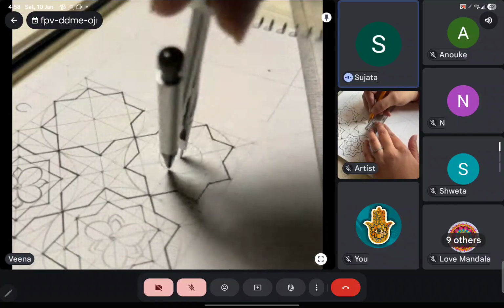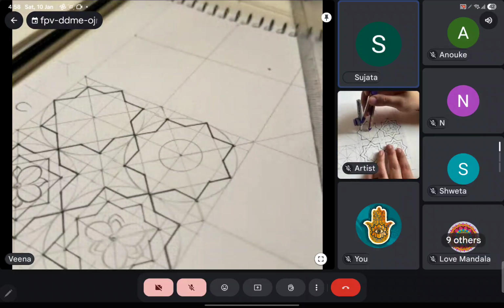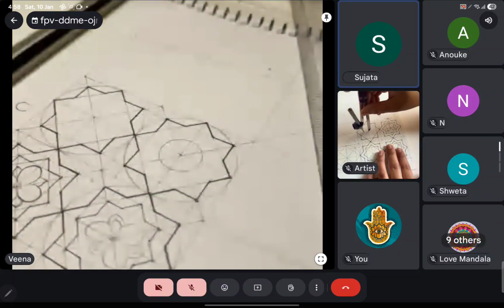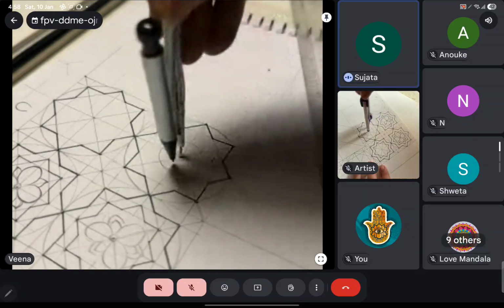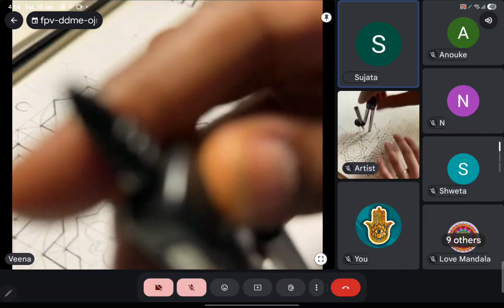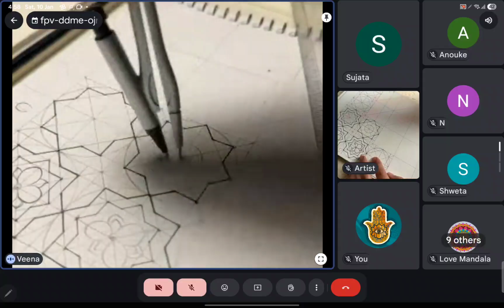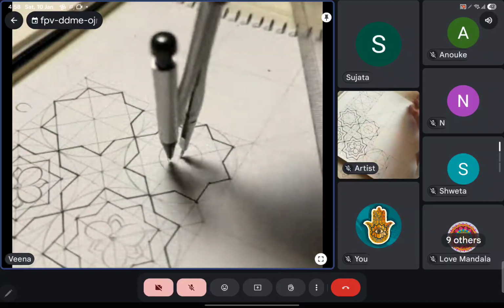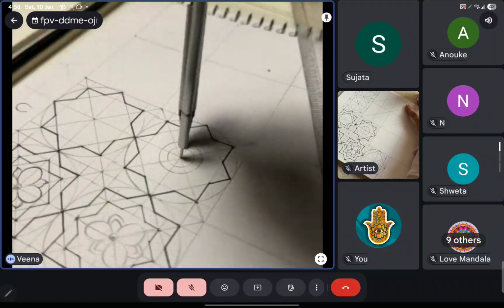It is 1 centimeter. And then we take 0.5 centimeter and draw one more circle. These are tiny, so rotate your paper if you wish to do so.